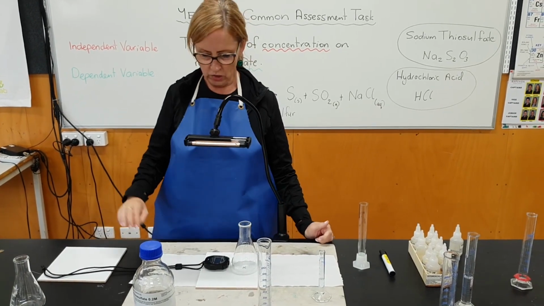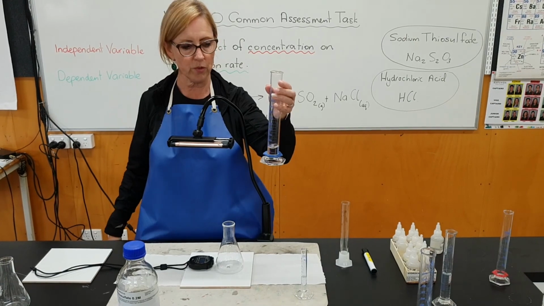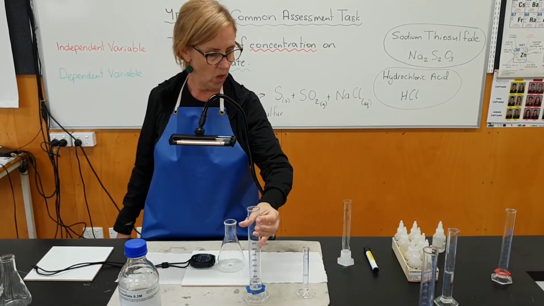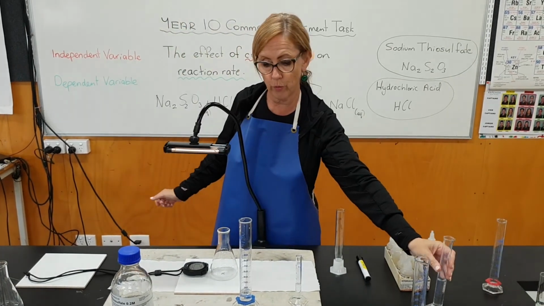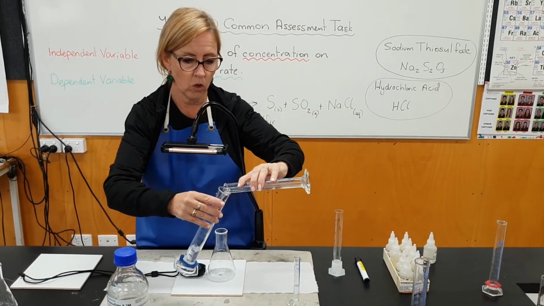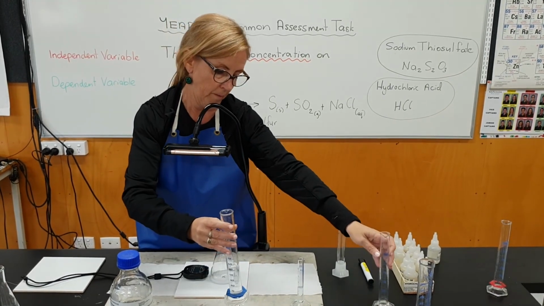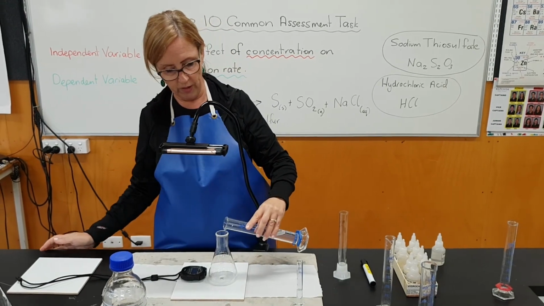Okay, up to reaction 4 now. We have 20 mils of thiosulfate solution, and we are going to dilute that with 30 mils of water. Pour that in. Okay, then we'll transfer this to the conical flask.